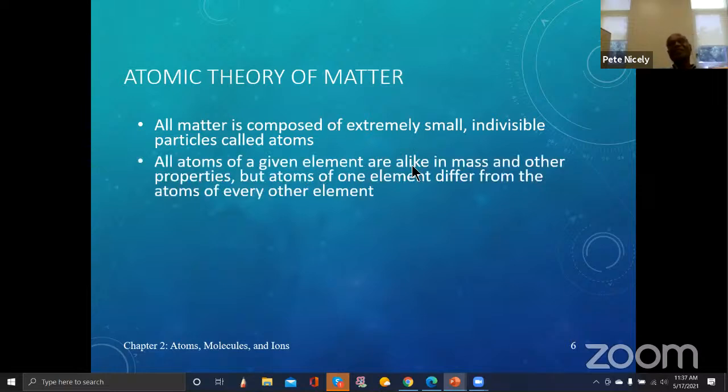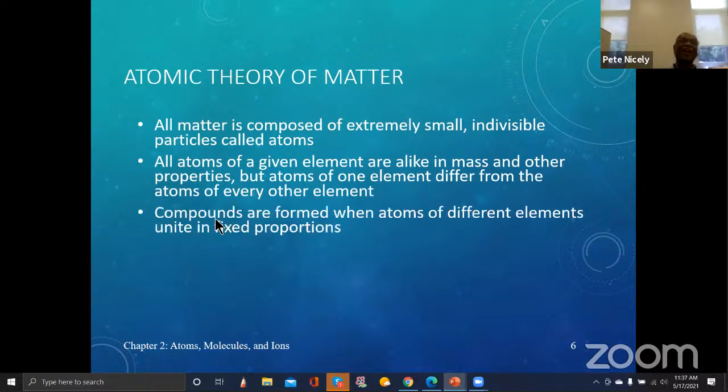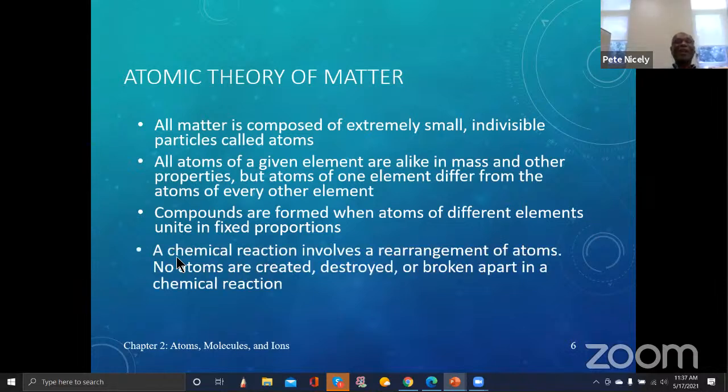Okay, let's look at the other principal assumptions. All atoms of a given element are alike in mass and other properties, but atoms of one element differ from the atoms of every other element, all right? Which is still believed to be true to this day based on what we know of atoms. Compounds are formed when atoms of different elements unite in fixed proportions. And a chemical reaction involves rearrangement of atoms, but no atoms are created, destroyed, or broken apart in a chemical reaction.